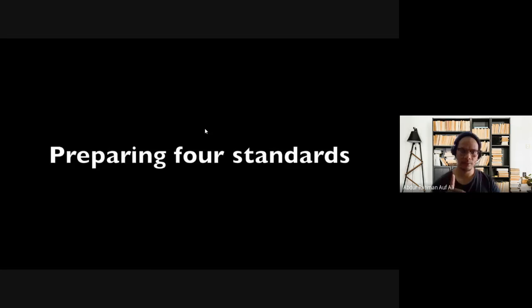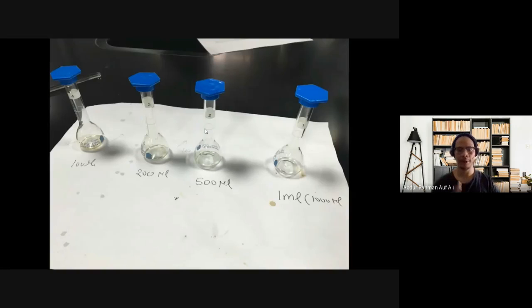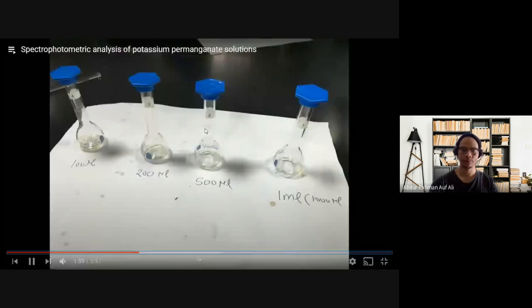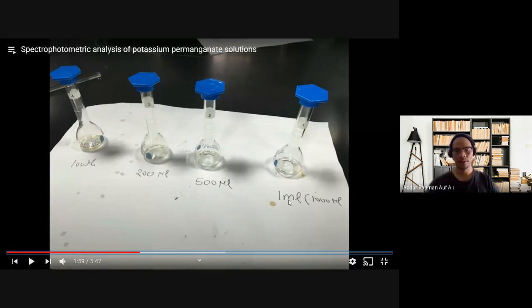That is one concentration. We need to prepare multiple concentrations. So here he shows 1 ml, 500 microliter, 100 microliter, and 1 milliliter. So different concentrations of potassium permanganate.